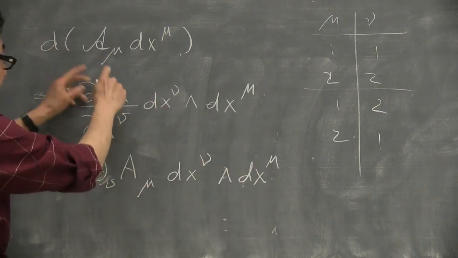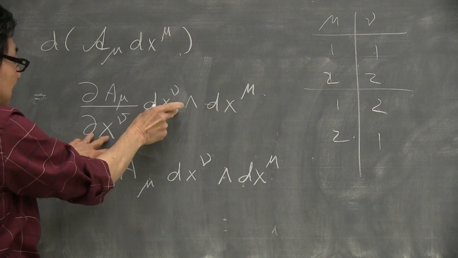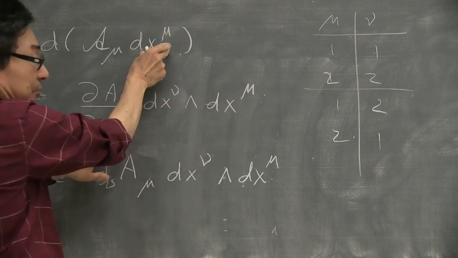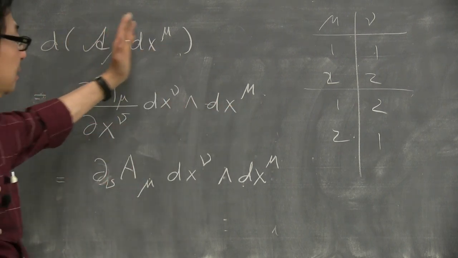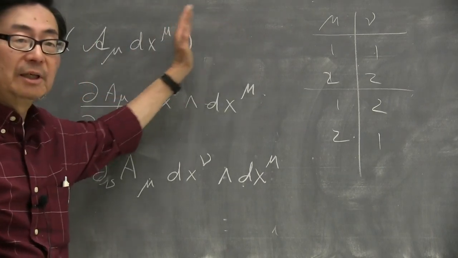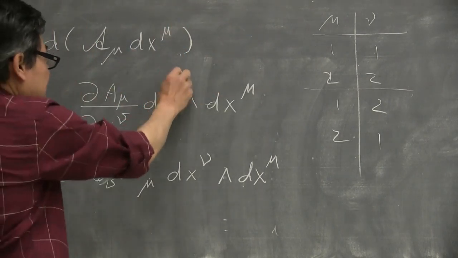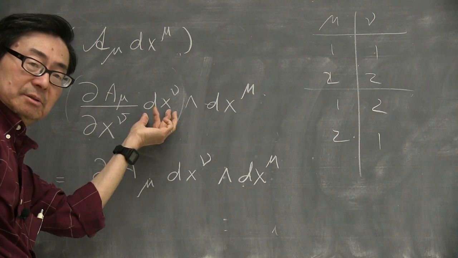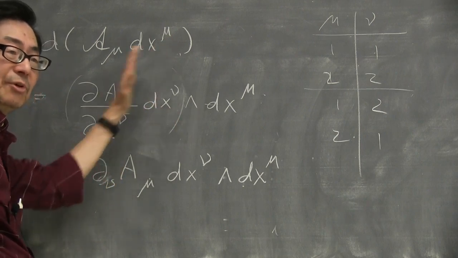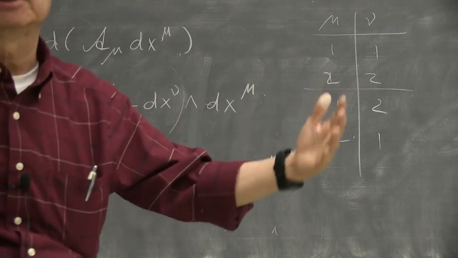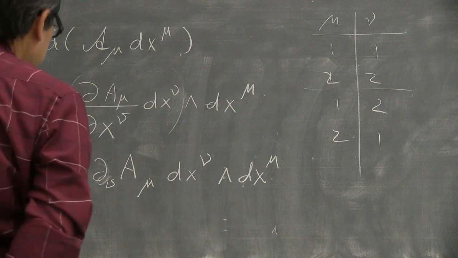Now it's very important when you do this, this one goes before the original one in here. In fact, if there were n of these in here for an n form, then this extra differential must go before all the others. That's the rule of exterior differentiation, okay?